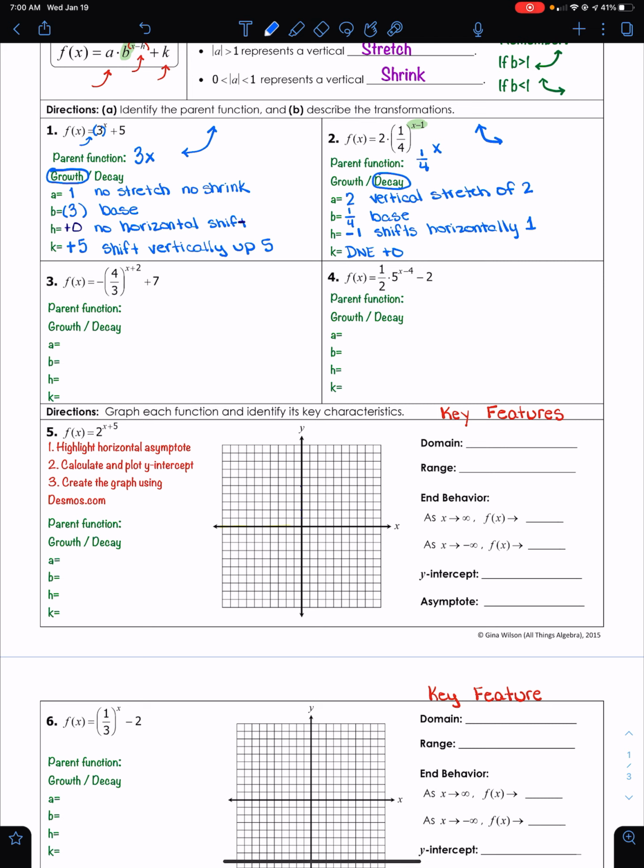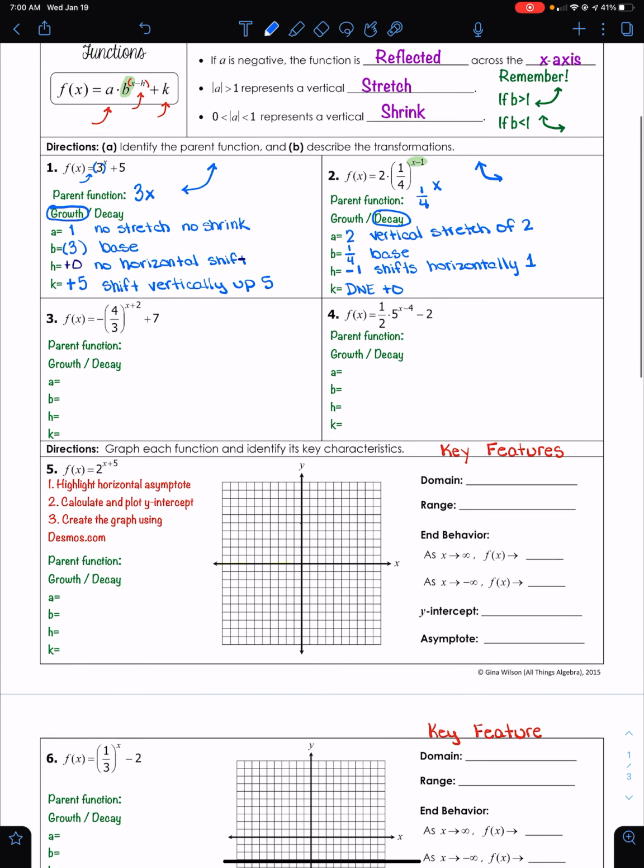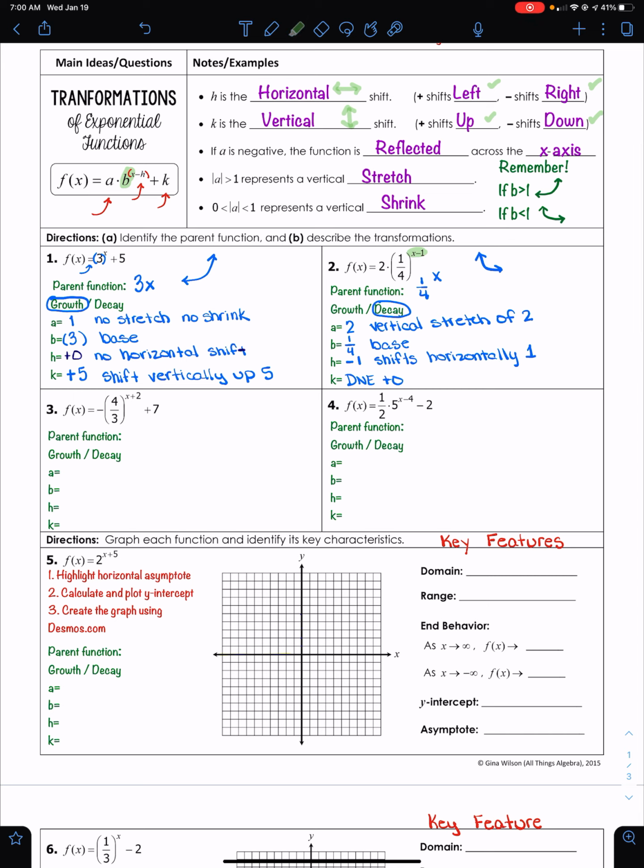And we have to pay attention that this one does the opposite. So since it's a -1, I'm going to scroll back to the top here. Okay. Since it is a -1, it is going to shift to the right. Okay. So it is going to go right. Don't have to worry about the vertical shift because there is none on this one.